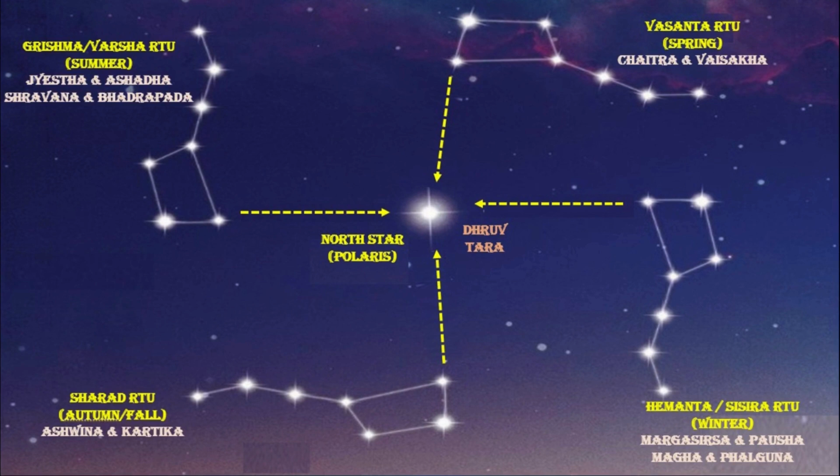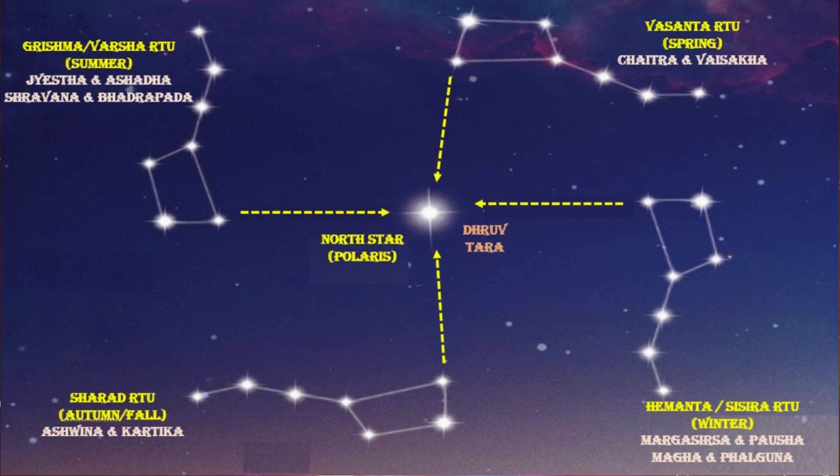Polaris is always steady and the Saptarishis rotate around it. Across the seasons, this constellation appears in 4 distinct quadrants at dusk, that is, just after the sunset. In spring, it leans towards the southeast. In summer, it rises higher in the northeast. In autumn, it shifts to the northwest.